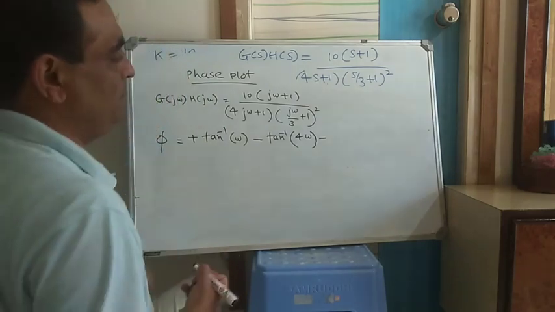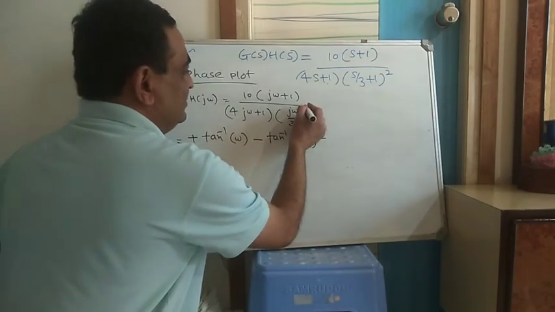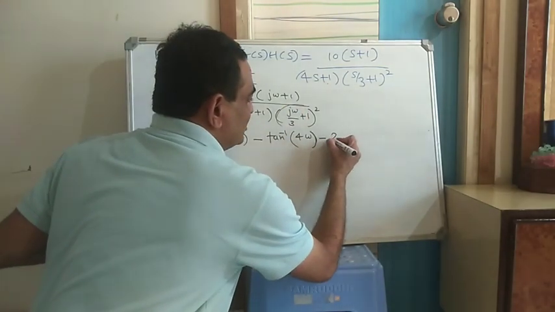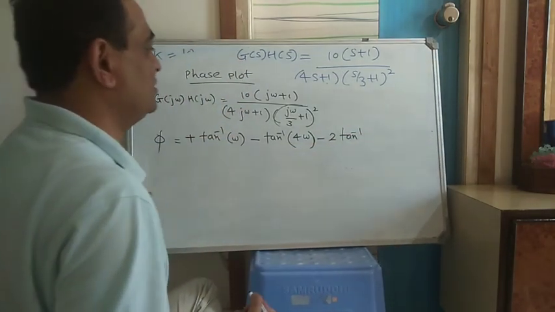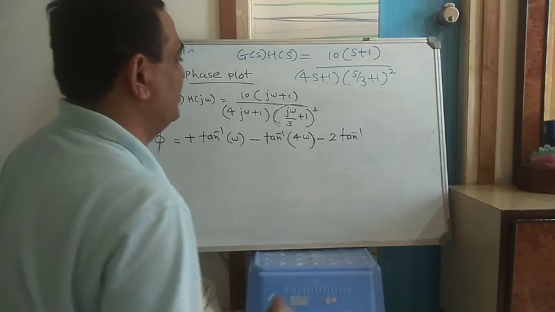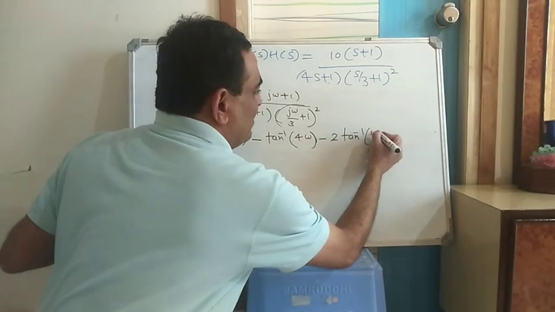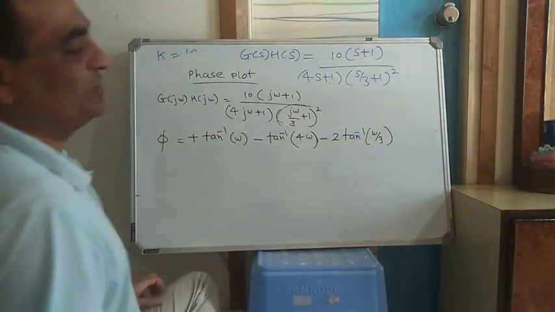Then minus 2 times tan inverse of b by a, which is omega by 3. This is how the phase contribution can be written.